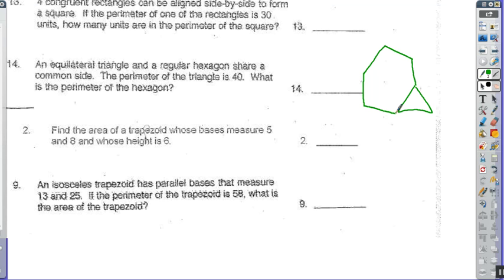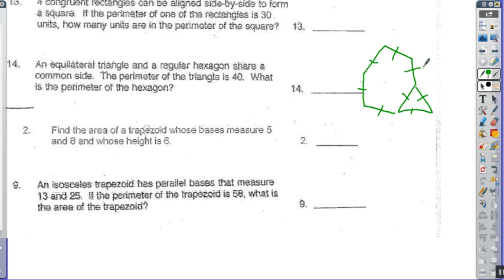The perimeter of the triangle is 40, and it's equilateral, and it's a regular hexagon, so all these side lengths are the same. Great. So the hexagon is going to have a perimeter that is twice as big as the triangle, because they all have the same sides.